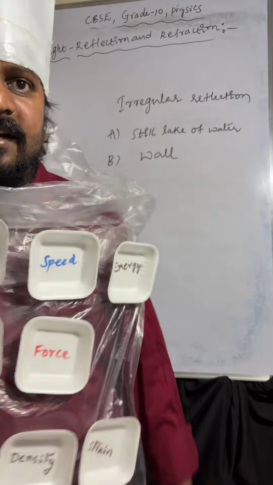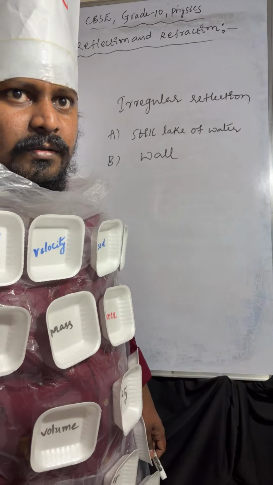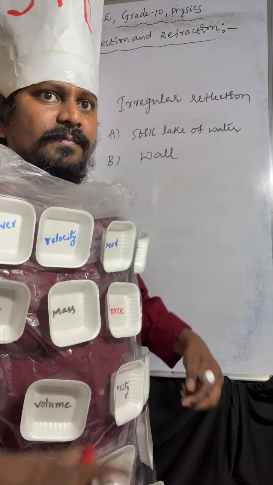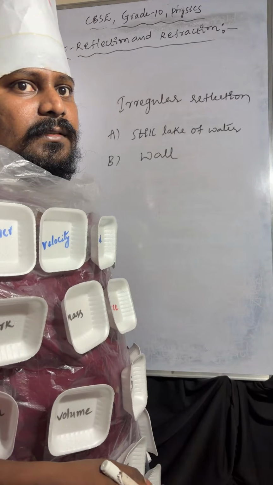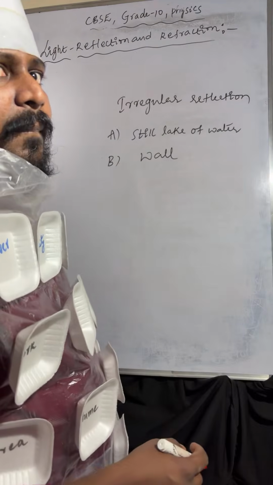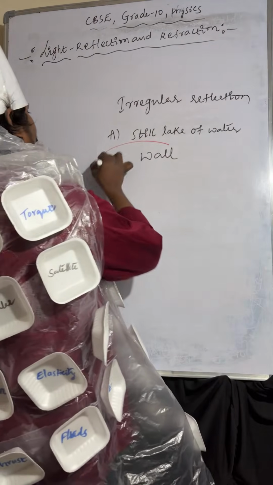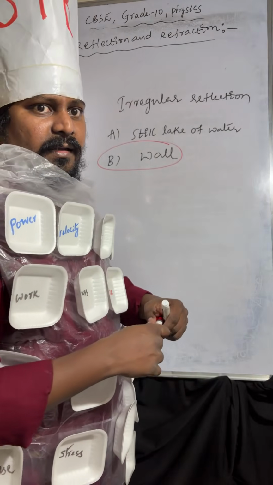Let me know the option. Make it fast. Very good. The option is wall. Irregular reflection takes place on wall, right?